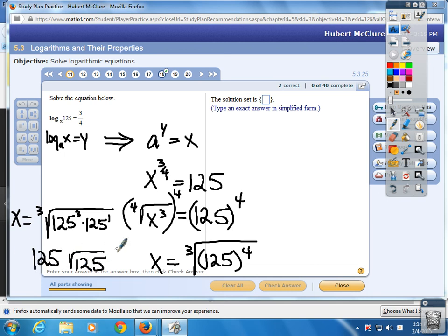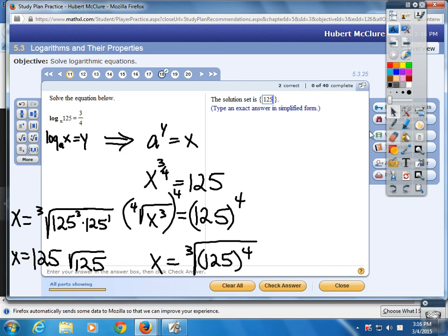I don't know if they want to go that far or not. Let's punch it in to see what they get. It says type exact answer.